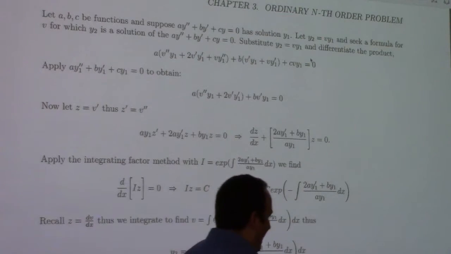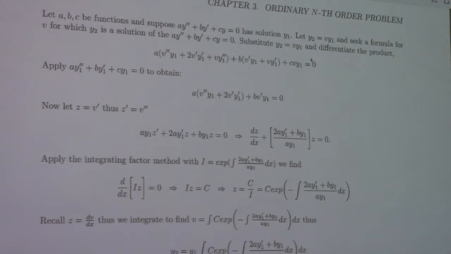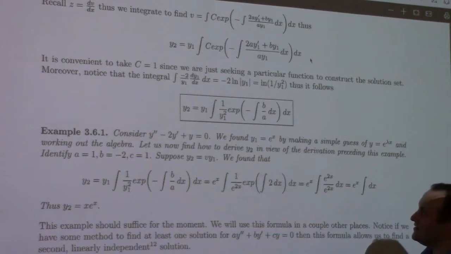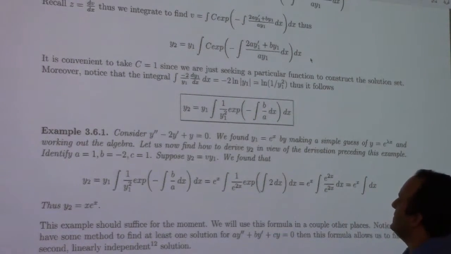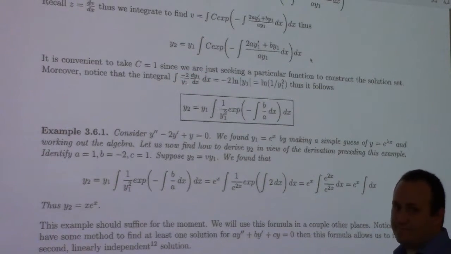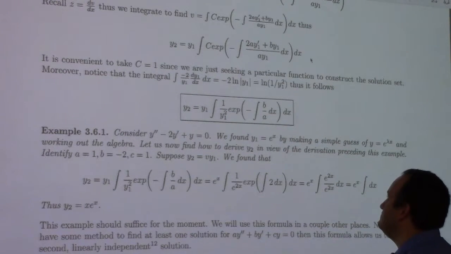All right. And then there's a sneaky thing here. If you look at this integral, that's it by change of variable. That is, if you look at that, this is the derivative of 1 over y1. I don't know if that 2 is supposed to be there.